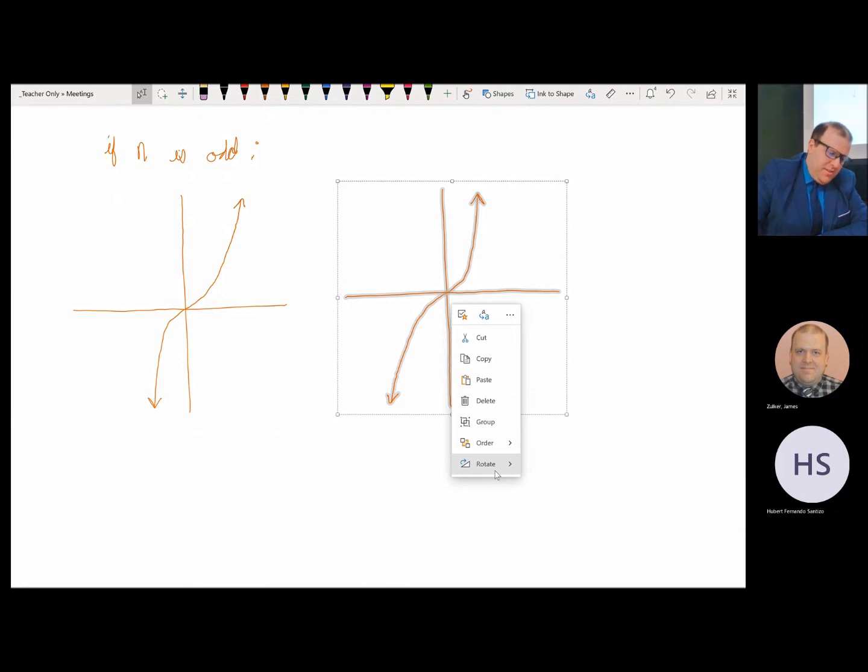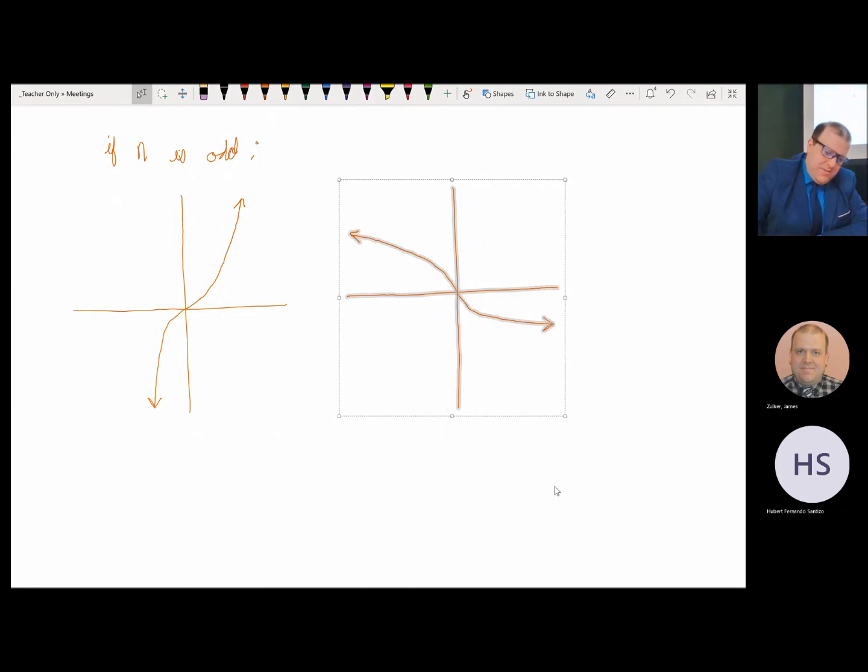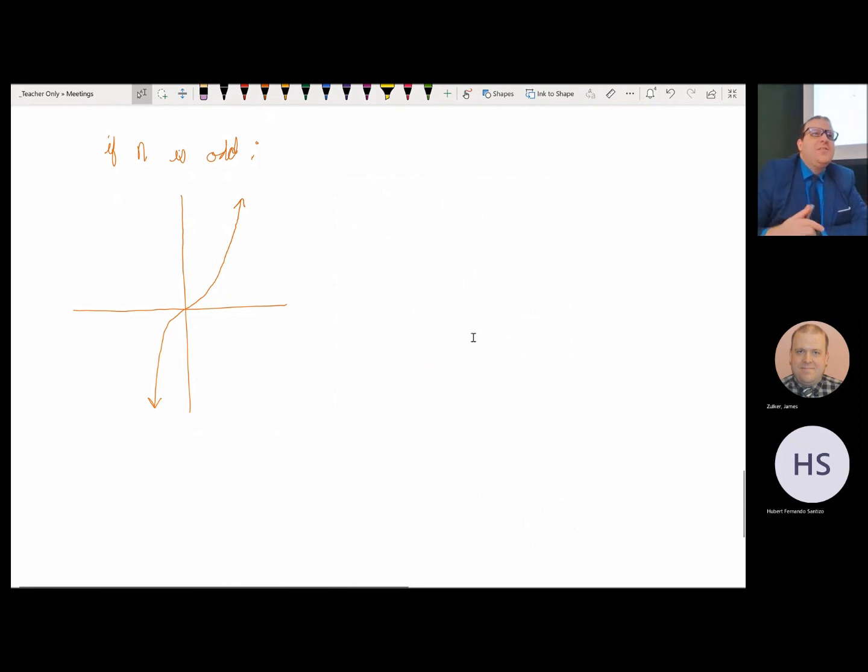I'm not going to just rotate this one because it's symmetrical about the origin. I tried. I have to draw another one. That is so annoying.